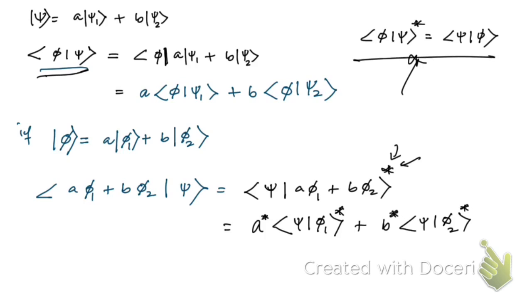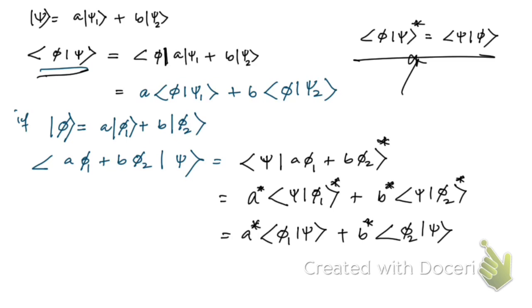Then again use this property, then you can reverse the order removing the star, right? A star, you can write phi 1 psi plus b star, and if you remove the star, then phi 2 psi. That's what you will have, right? This is another property. So hope you have understood this.